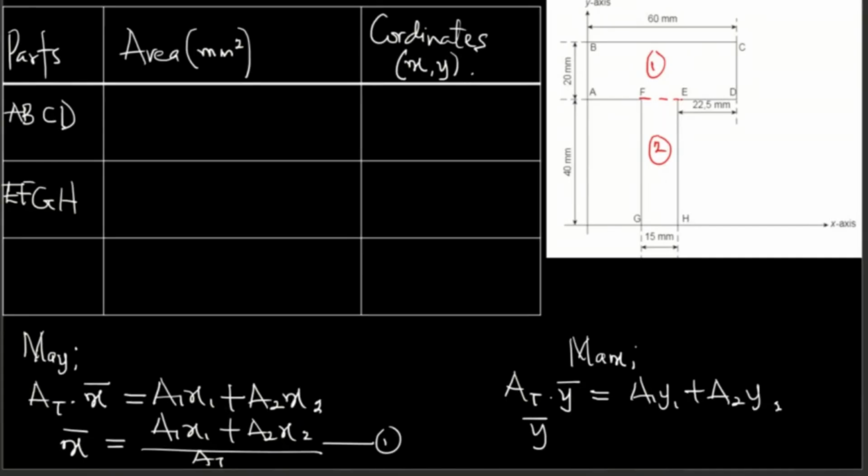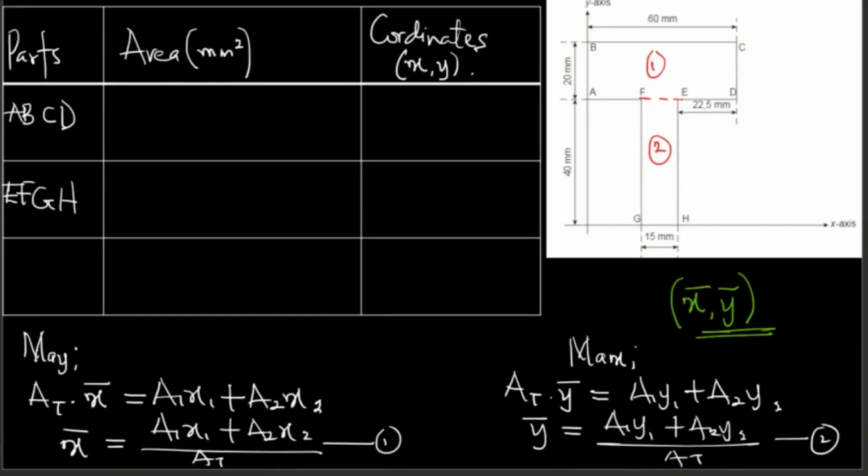So here you can now determine the y, which is a1 y1 plus a2 y2 divided by the total area. The values of your x and your y give the position of the centroid of this particular lamina. This is the reason why we need to determine the area.